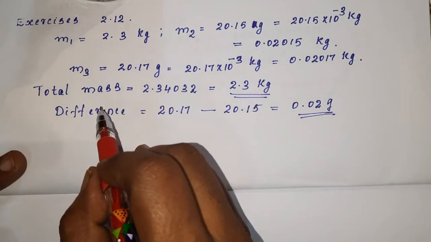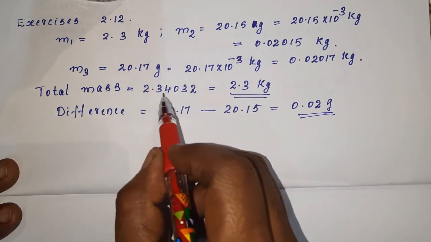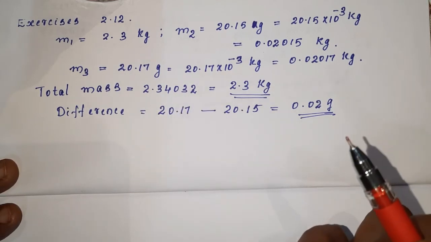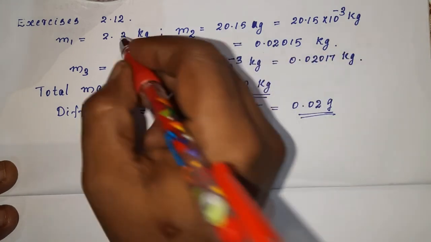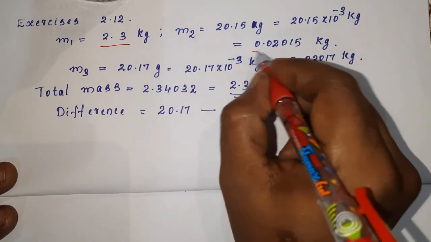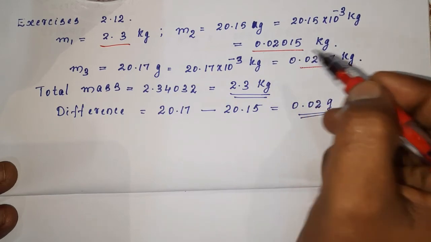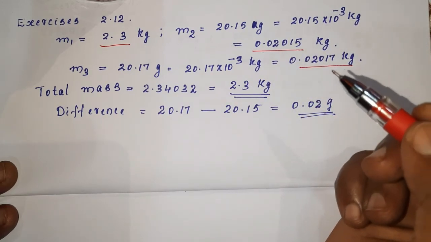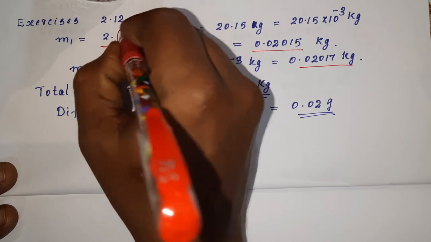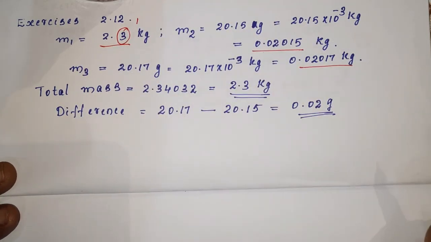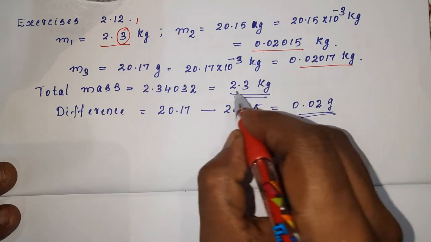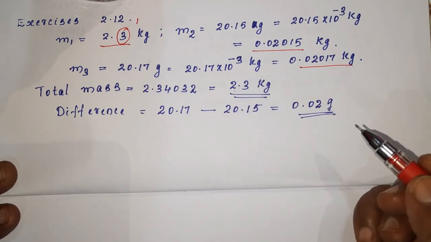Now finding the total mass, you will get 2.34032. Now applying the rules of significant figures, among the given values, the least number of decimal places you have to retain. Here only one decimal place is there, so you have to round this to one decimal place because it is addition. So it becomes 2.3 kilogram.